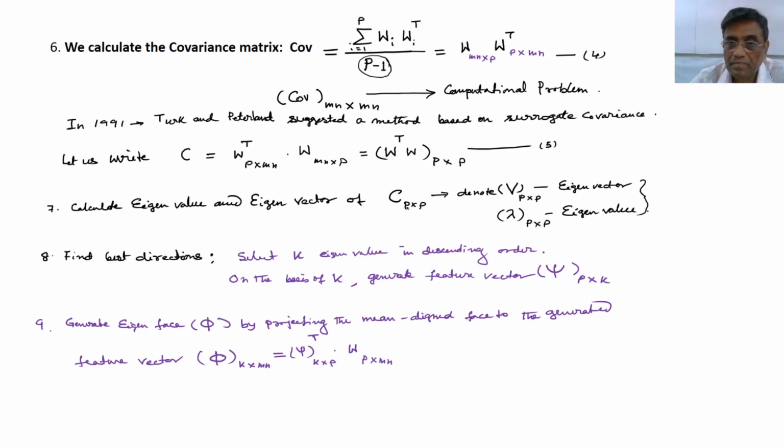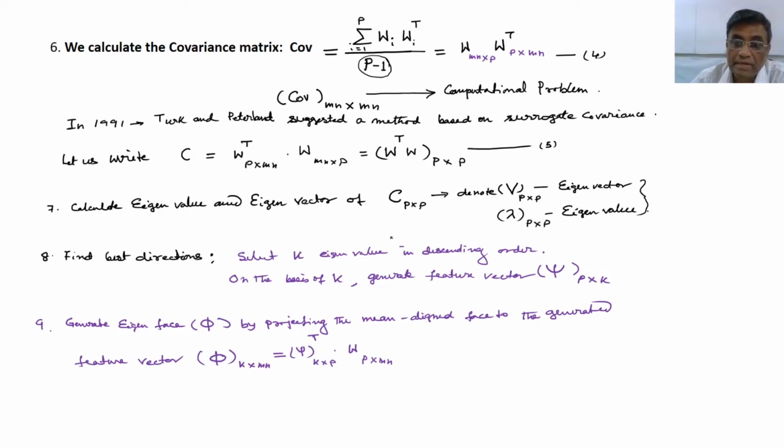Suppose now we have eigenvectors V, and each eigenvector is attached with an eigenvalue lambda. Particular functions are there: if you input the matrix, it will give you, in descending order, the eigenvalues attached with the eigenvectors.